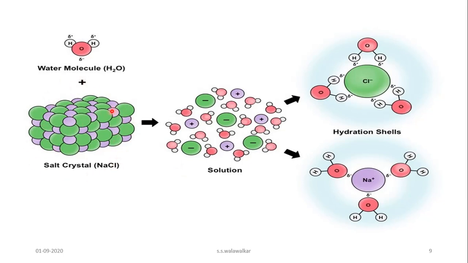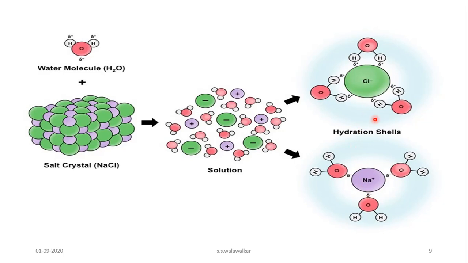It is a lattice of NaCl. When it is added into water, the sodium ions and chloride ions get separated, and solvation of the sodium ion and the chloride ion takes place. The chloride ions get surrounded by the positive poles of water, and the sodium ions get surrounded by the negative poles of water, and thus they get separated and a solution is formed.